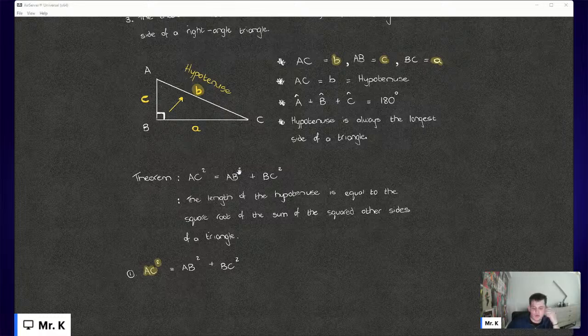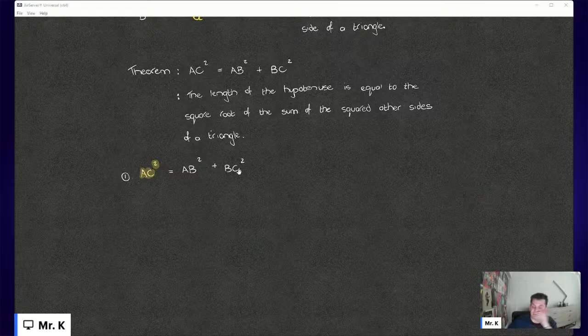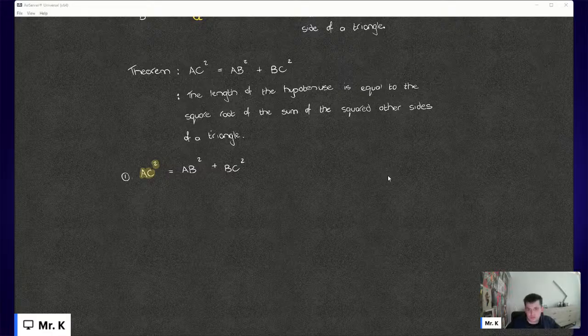And because we normally want to find the hypotenuse with Pythagoras, we keep this as the focus of the formula, right? Now, with that being said, we can still create two more variations by changing some of the elements around, by rearranging the theorem.